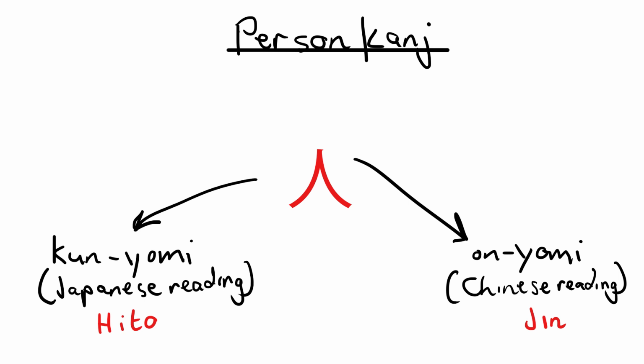There are actually two ways to read kanji. There's the kunyomi, which is the Japanese way of reading it, and the onyomi, which is the Chinese way of reading it. Now for onyomi, it would be jin, and that would be the kanji for person. But in Japanese, you'd read it as hito, and that would be how you'd pronounce the kanji character for person.